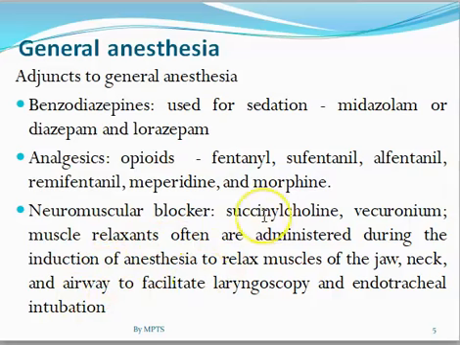Succinylcholine, we are going to talk about when I reach neuromuscular blockers. We shall look at them in detail. So these are used to relax the jaw muscle to facilitate laryngoscopy and endotracheal intubation.